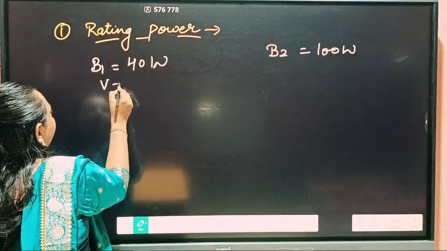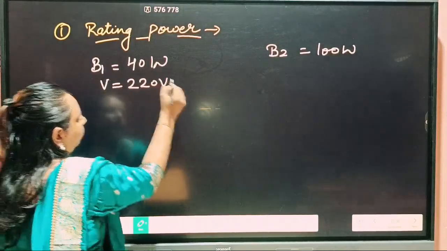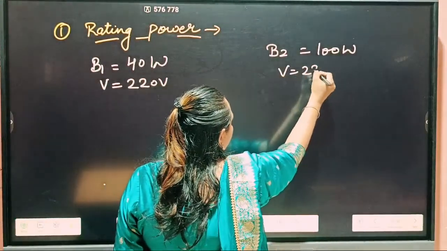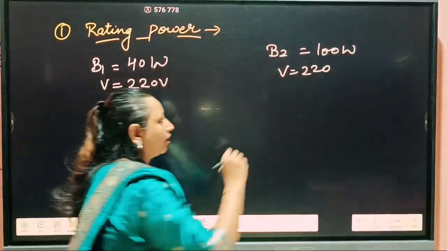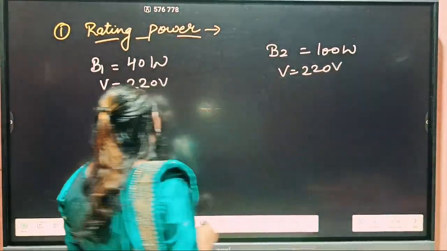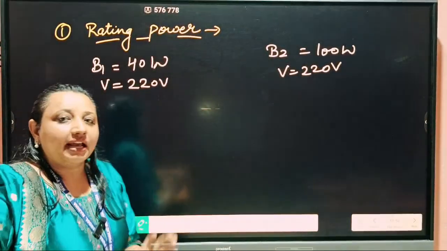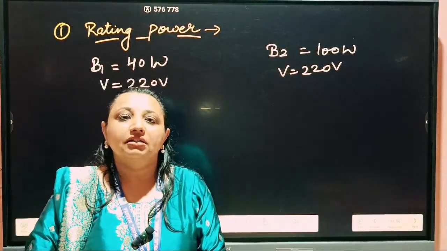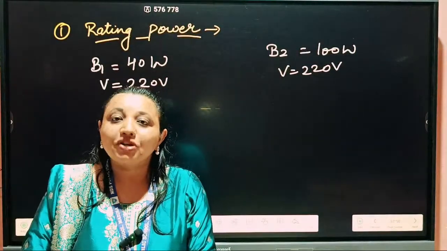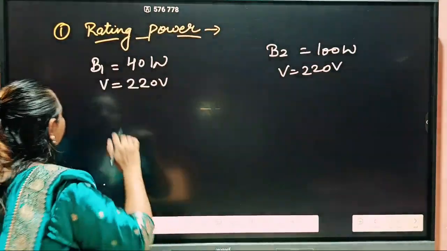Connect them with the power supply of 220 volts. Both are connected with the power supply of 220 volt. Then firstly, what we have to do is find their resistance, how much resistance they offer.